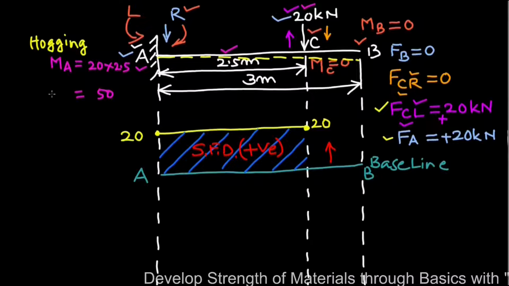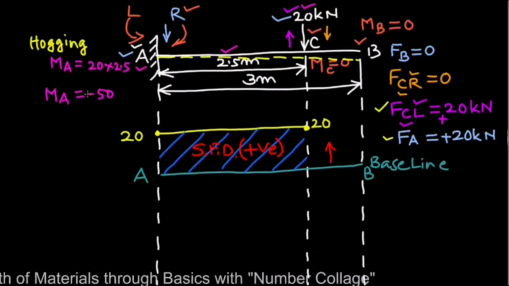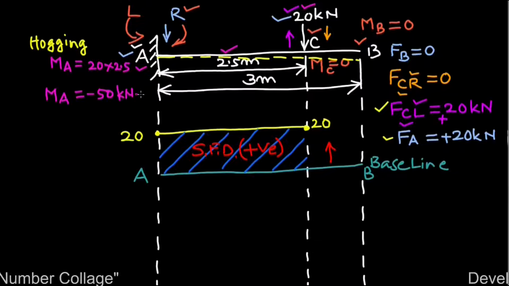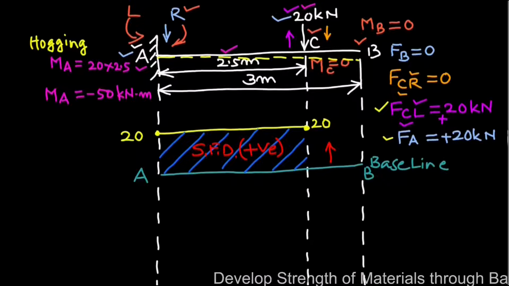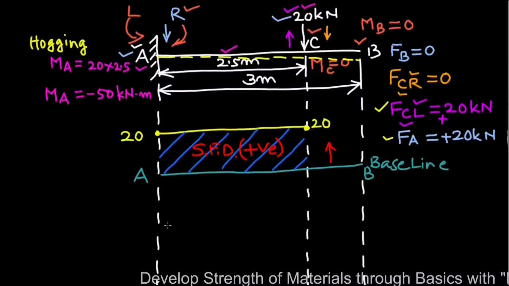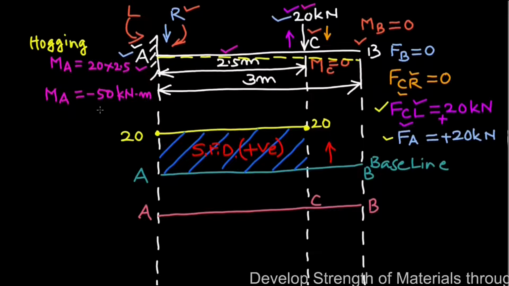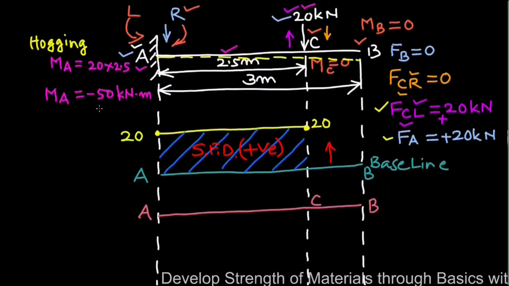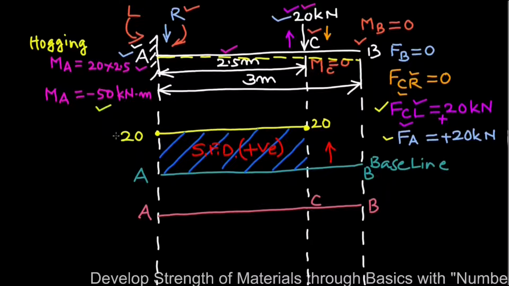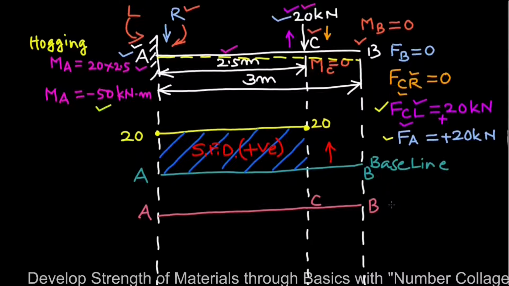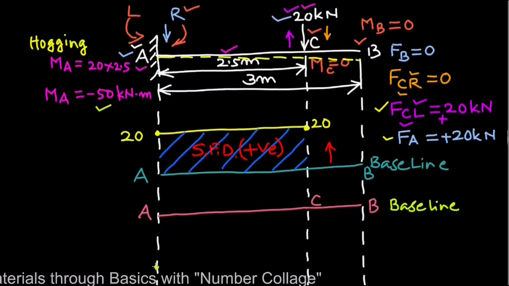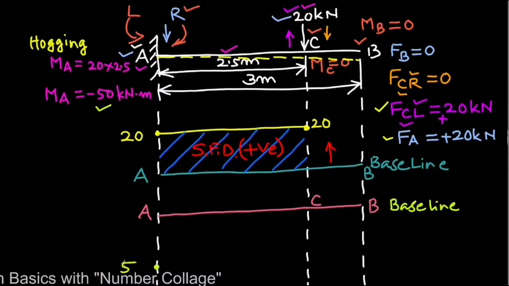Therefore, MA will be negative 50 kilonewton meter. For bending moment diagram, we will first draw the baseline A, B and C. We will plot the magnitude of bending moment MA, which is 50, below this baseline AB at say this point and mark it 50.